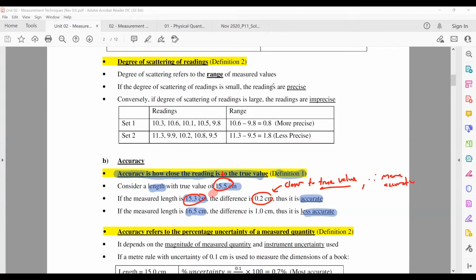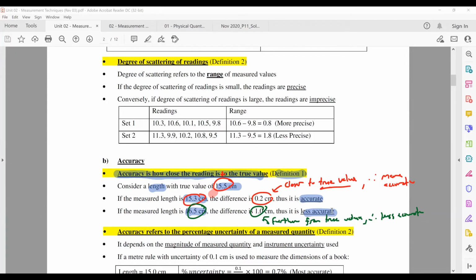Whereas the second one, 16.5, the difference between that reading and your true value is 1. This one is further from true value, therefore less accurate. Okay, this is what accuracy is.